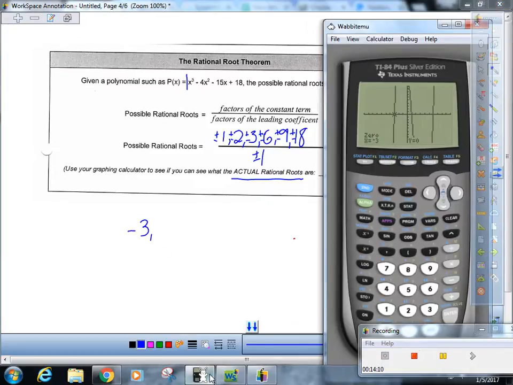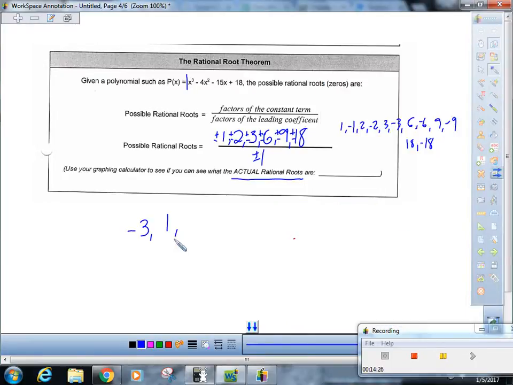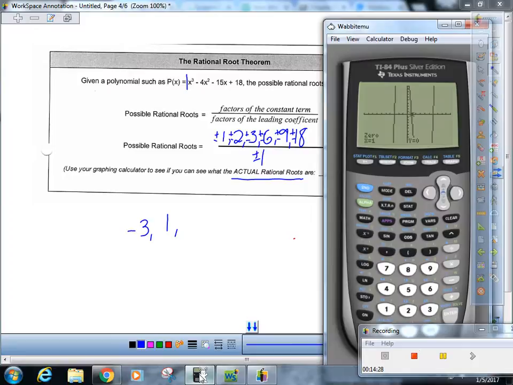Okay, same thing. Second, trace, 2. Enter, enter, enter. 1's an answer. Whoops.